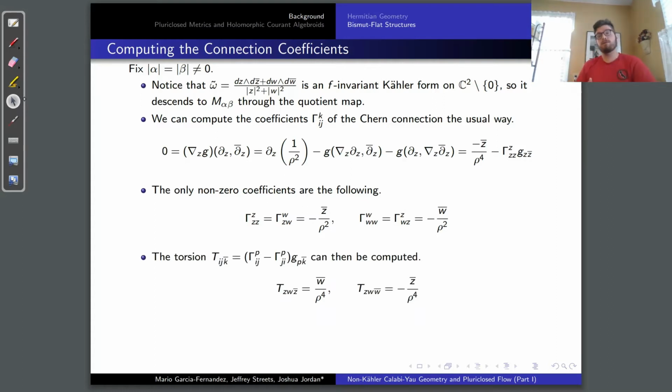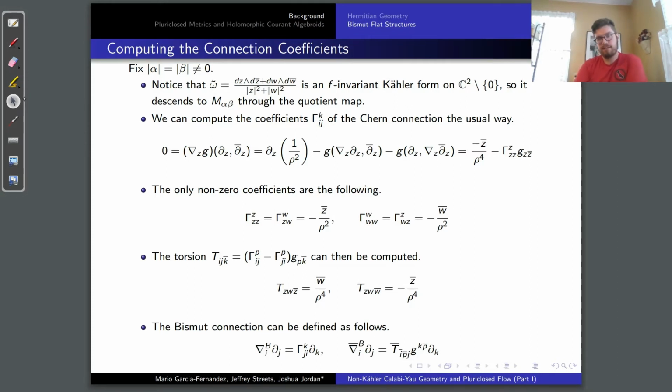We can also compute the Chern torsion, just by taking these antisymmetric combinations of Christoffel symbols, and then lowering them by the metric, and we just end up with these fellows here. These are the only non-zero ones up to antisymmetry in the first two indices.